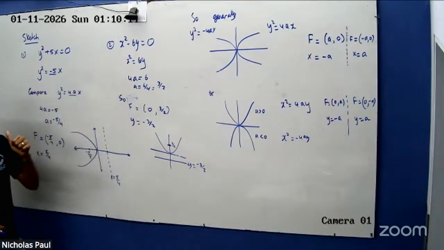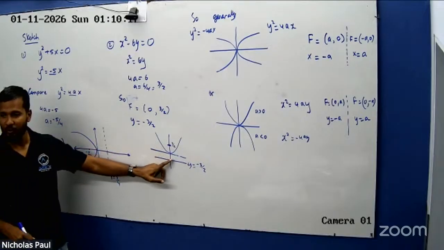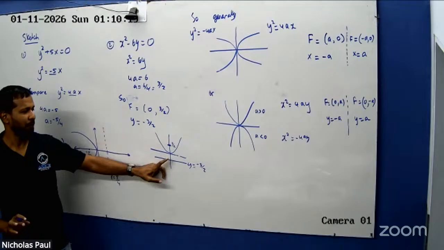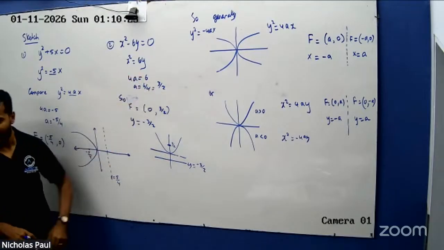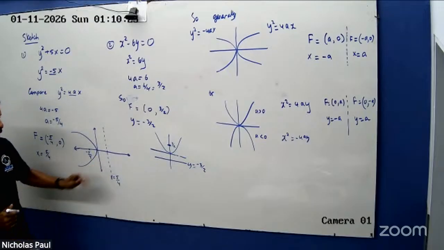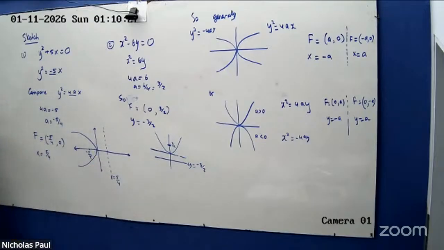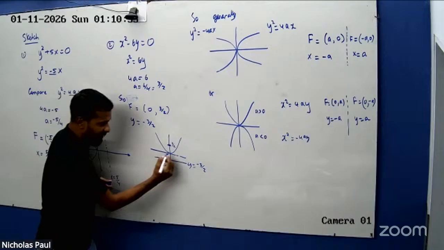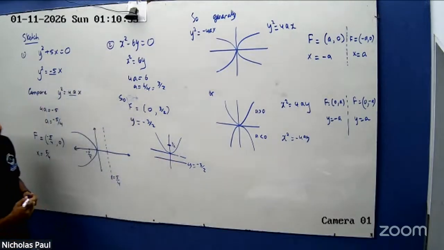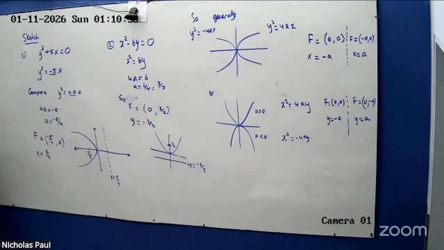The first one I gave you was not at 0, 0, so I'll just give you one example of it not being at 0, 0. But the ones that you have to do will all be at 0, 0. I want to show you in case you ever see it. That's what you will end up with. By the way, you should kind of touch the x-axis. So your directrix is y is minus 3 on 2. Please write the equation.